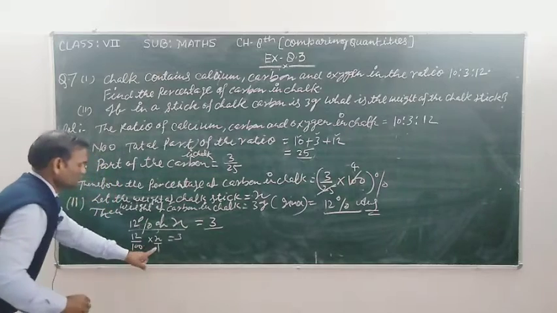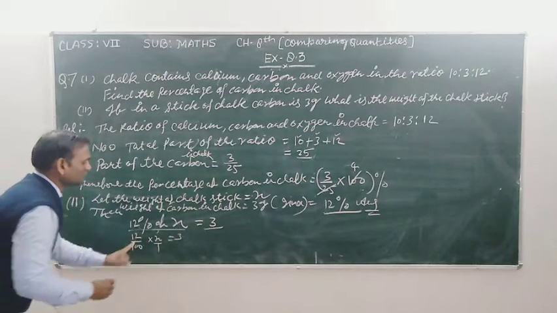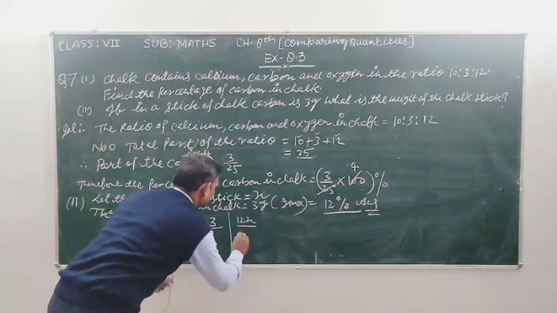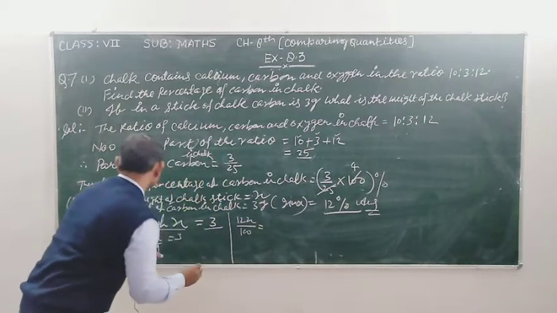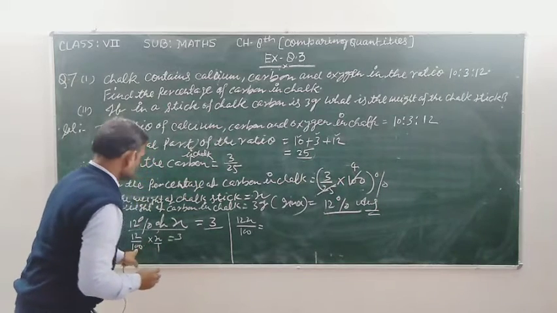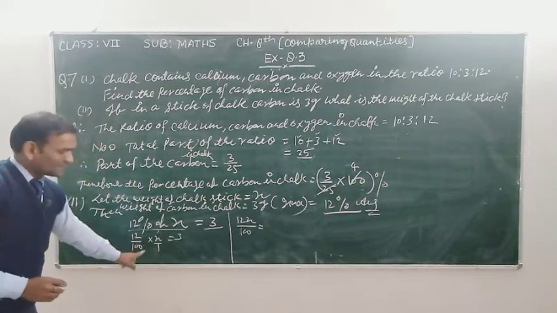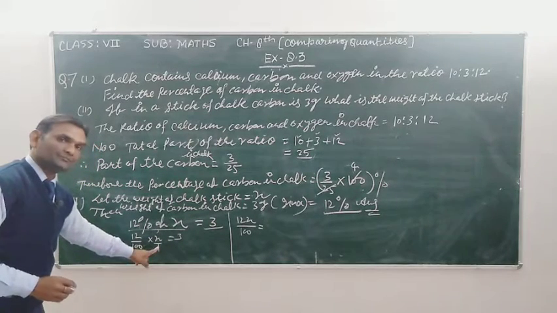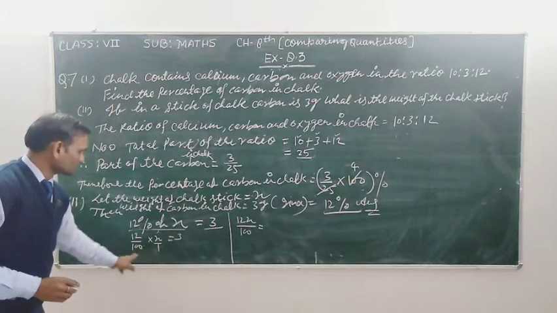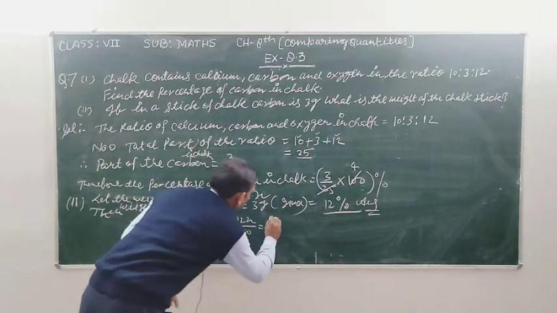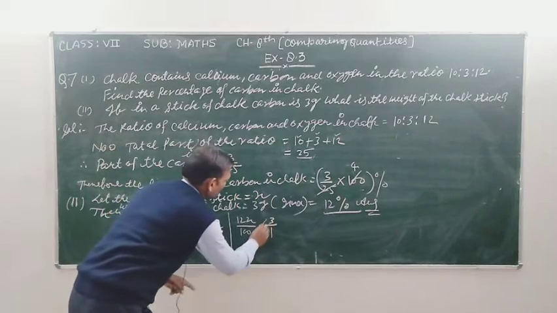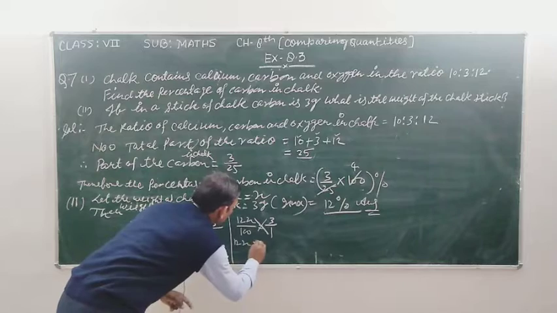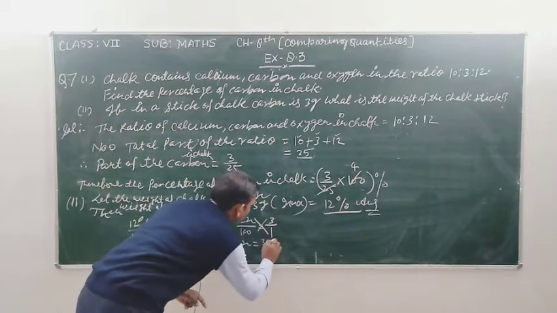Now you can make denominator 1: 12x upon 100 is equal to 3 upon 1. Numerator to numerator, denominator to denominator, we multiply of the fraction. Now at last cross multiplication: 12x into 1 that is 12x is equal to 100 into 3 that is 300.